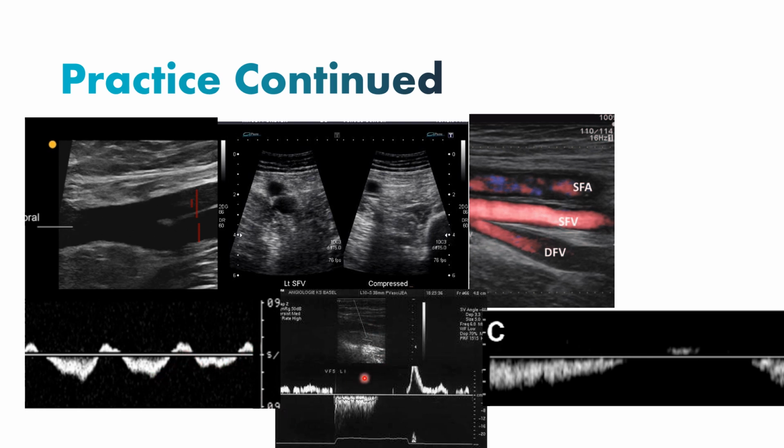Now they've added augment. So we see that respiratory phasicity. Compress the leg, say at the calf, we see a good whoosh of blood flow forward. That would mean that there is no clot between the point of augment and the point of sample. After that, it returns back to normal phasicity. And then here, they are watching that phasic flow again.